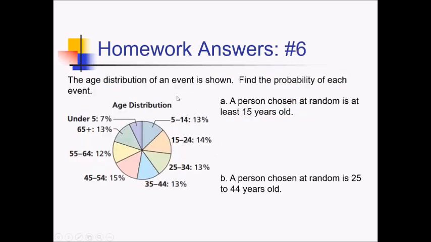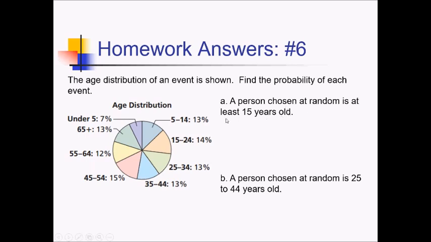For this one, we have the age distribution of an event. We want the probability of each of these events. So let's see. We've got a person chosen at random is at least 15 years old. You basically have to look at this table and figure out probabilities based off of the traits they're giving us here.